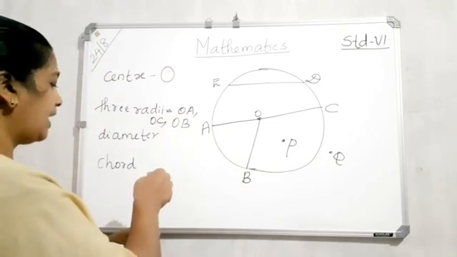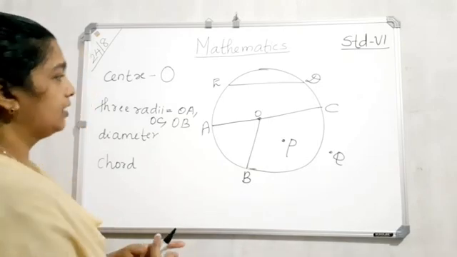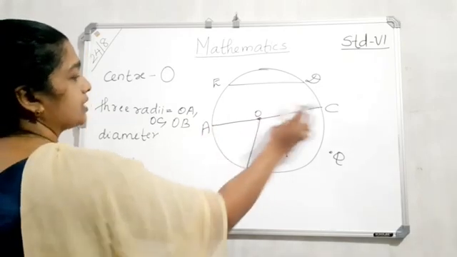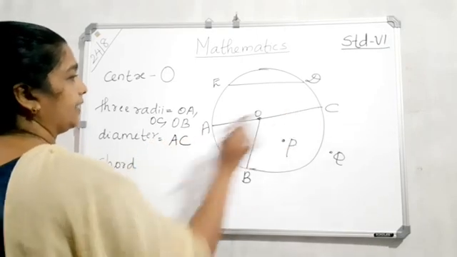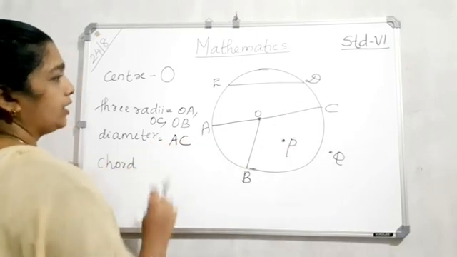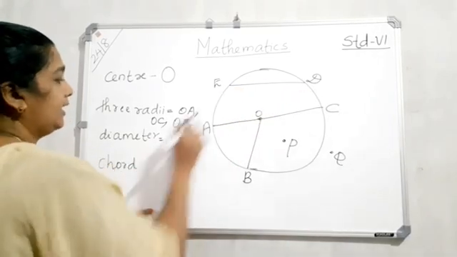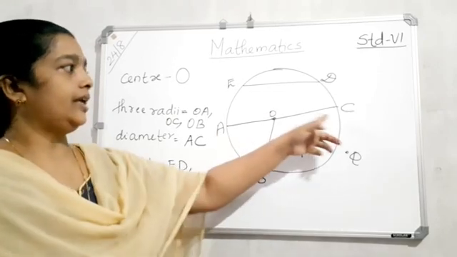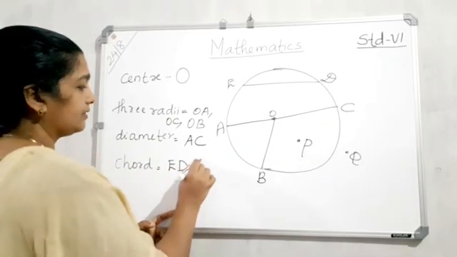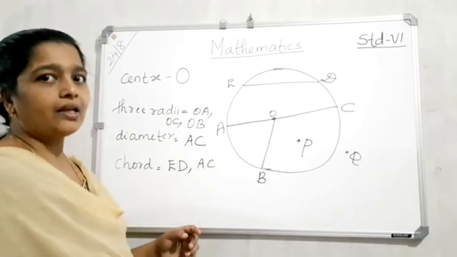Next, what is a diameter? Diameter is the longest chord passing through the center of the circle. So AOC, or AC, is the diameter. Next, chord. Two chords are there, that is ED and AC. Next, what is a segment?